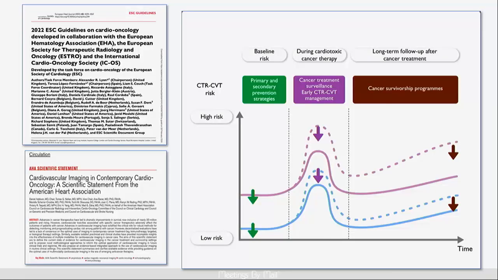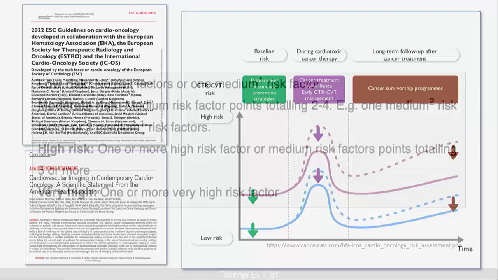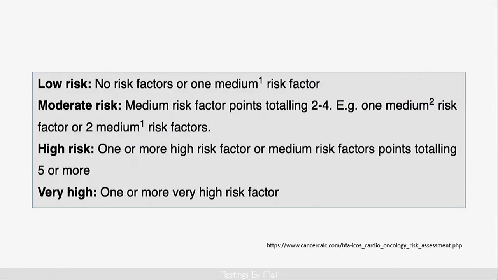There are two terms that come up often: one is cancer therapy-related cardiovascular toxicity, and the other is the long-term development of cardiac dysfunction related to cancer therapies. The toxicity could be episodic, but the cumulative toxicity over time leads to cancer therapy-related cardiovascular dysfunction. And how do we approach that?